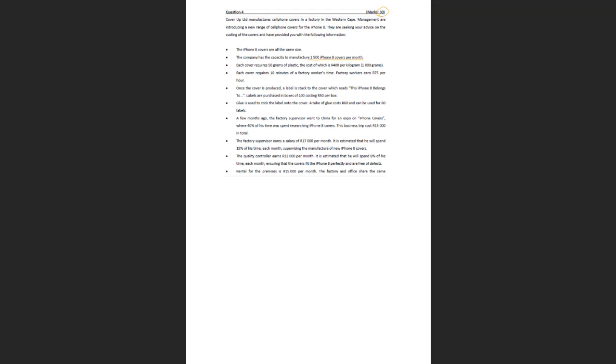So the first thing is that this will be a variable cost because this is your raw material being used. So I'm going to indicate the letter V for variable or F for fixed cost next to it on the left. And this will help us when we are putting it into the relevant questions.